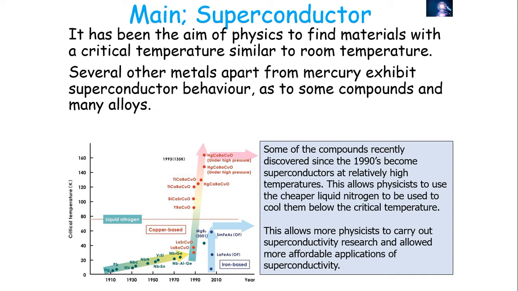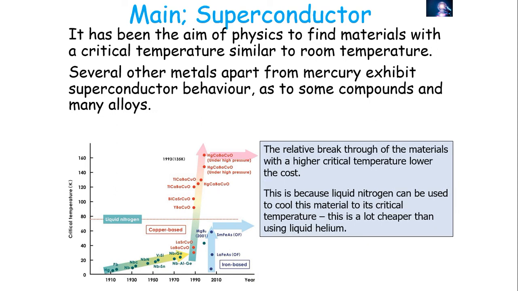We can actually find superconductors at relatively high temperatures. That's actually easier to carry out because this allows physicists not to use relatively expensive liquid helium to cool the material down, but the cheaper liquid nitrogen to get them below the critical temperature. Now, this allows physicists to carry out more research on superconductivity and is a more affordable application of superconductivity.